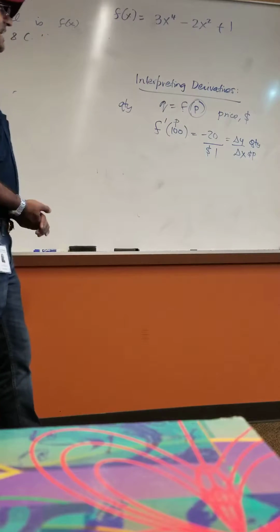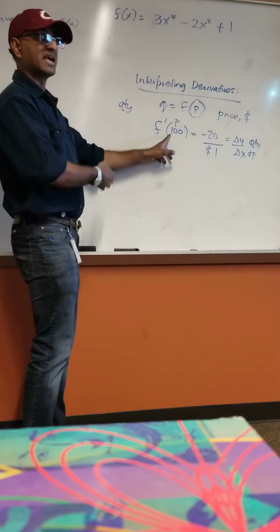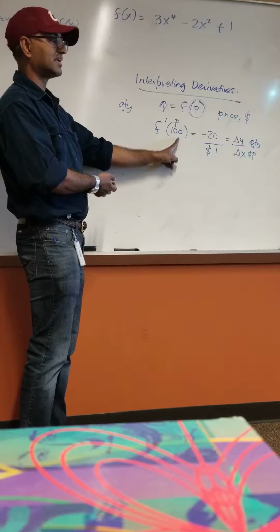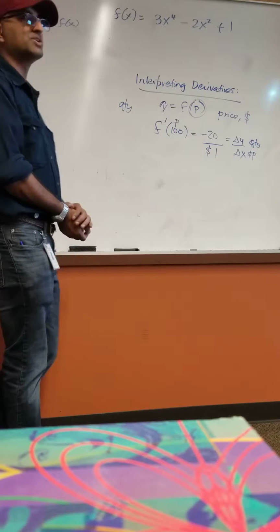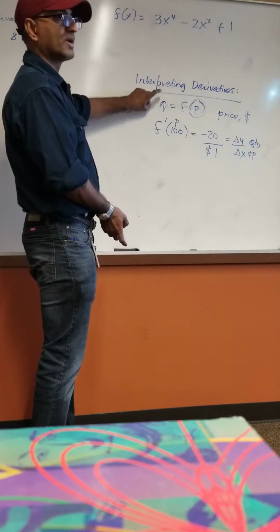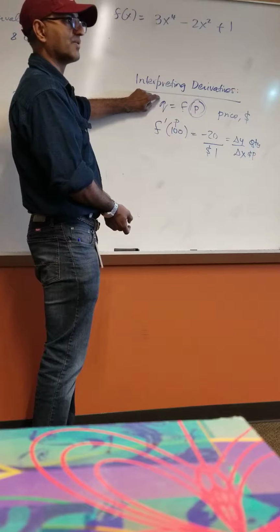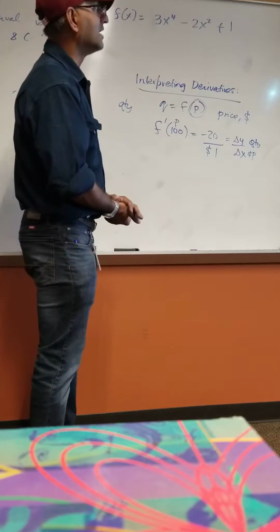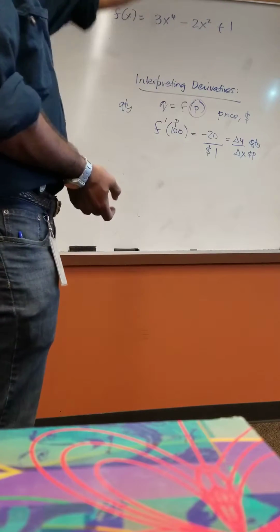So it indicates that when the price, I'm just writing left to right, when the price of an item is $100, what does Q stand for? Read the question. You can say quantity, you can say number of items sold. The quantity demanded, or sales, they say quantity sold.